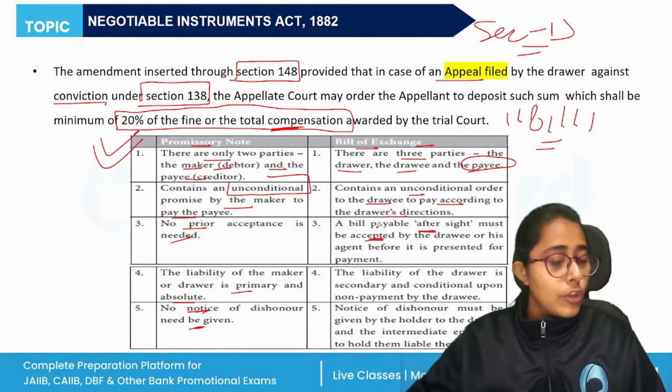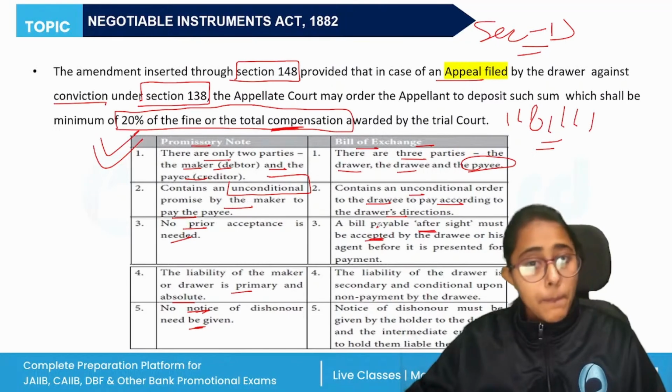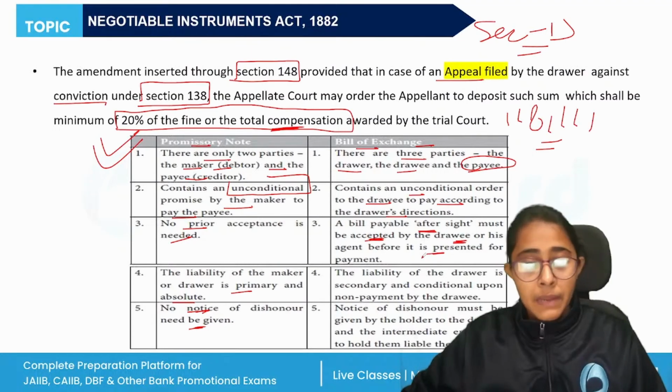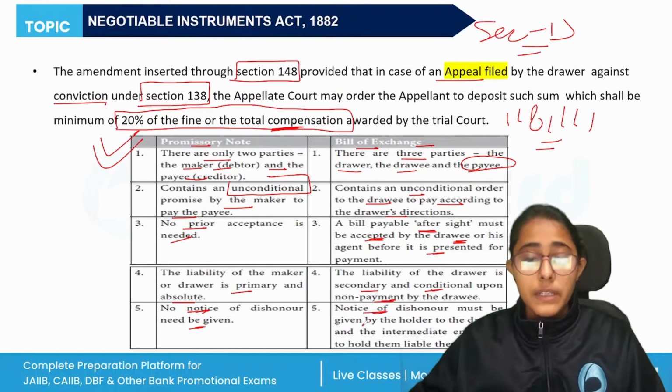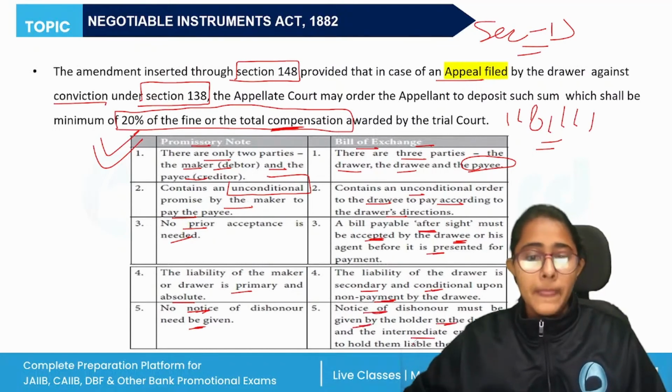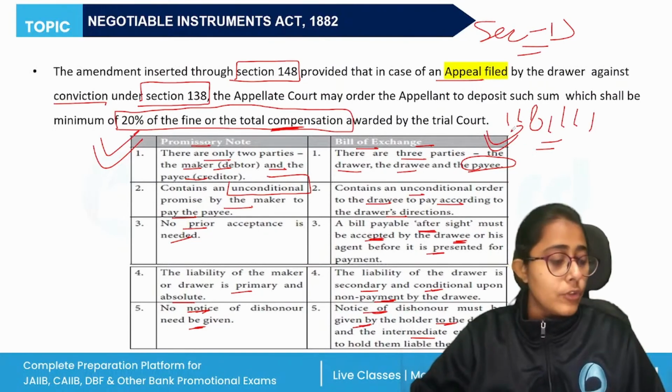In the promissory note, prior acceptance is not needed, but in a bill of exchange, the prior acceptance is needed before it is presented for payment. The liability of the drawer is secondary and conditional upon non-payment. And finally, the notice of dishonor must be given by the holder to the drawer and intermediate endorsers to hold them liable thereon. Right? So these are the basic differences between a promissory note and a bill of exchange.